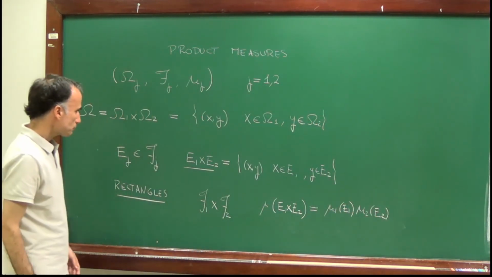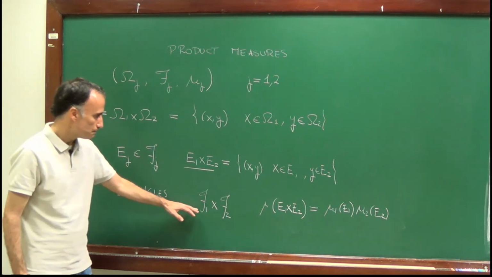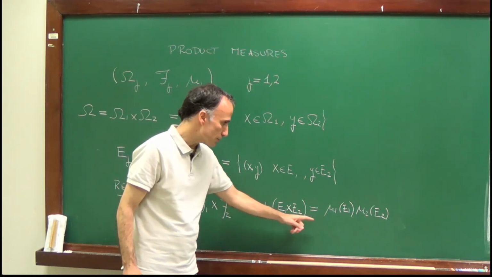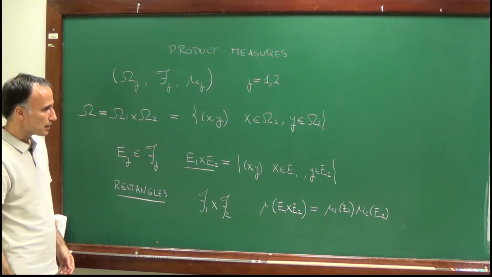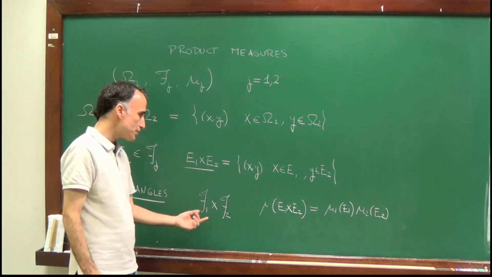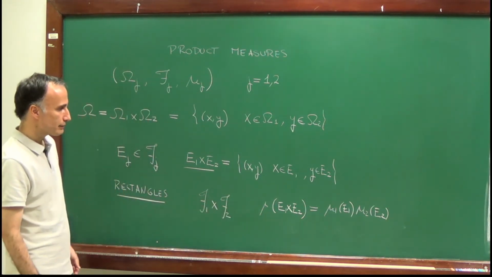So the goal will be to start from these rectangles, to define a function mu on the rectangles through that formula, and to extend this function to the sigma algebra generated by the rectangles using Caratheodory's theorem.